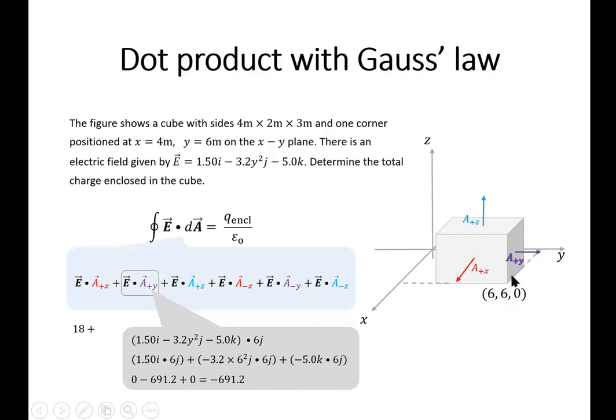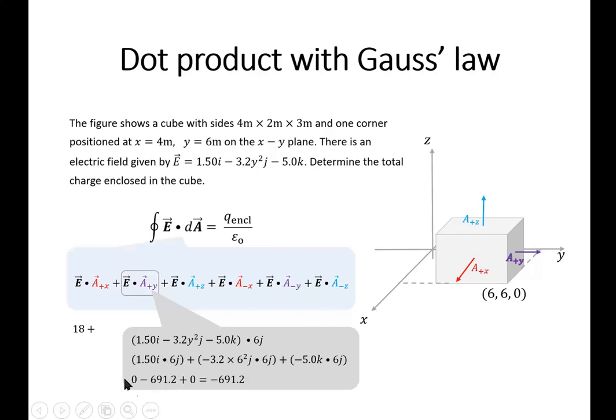So if it is along y equals 6, then we are going to change this one to 6 squared and evaluate it. If we do this evaluation, we are going to get negative 3.2 times 6 squared multiplied by 6 here, and that is it. And because j is multiplying j, which will be 1, we have the value to be negative 691.2.